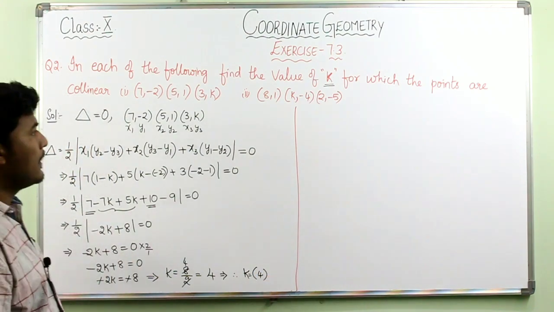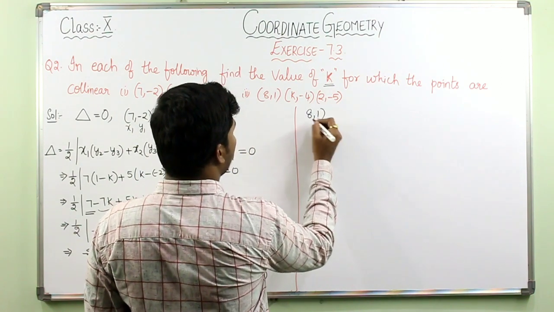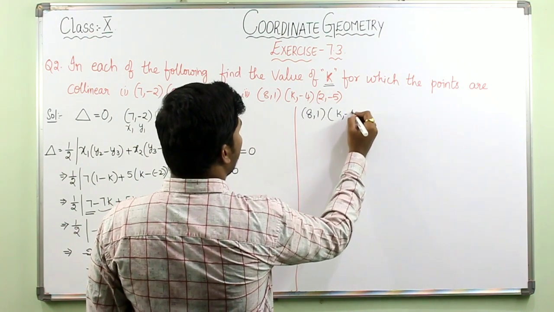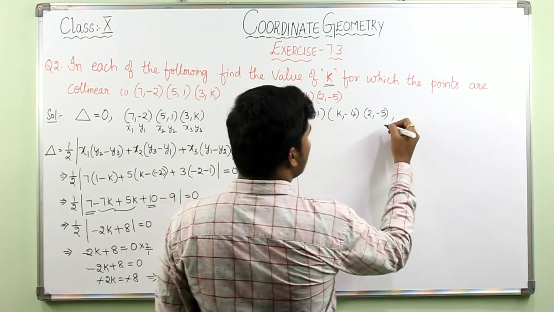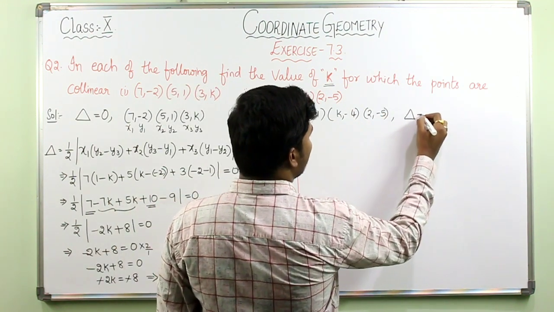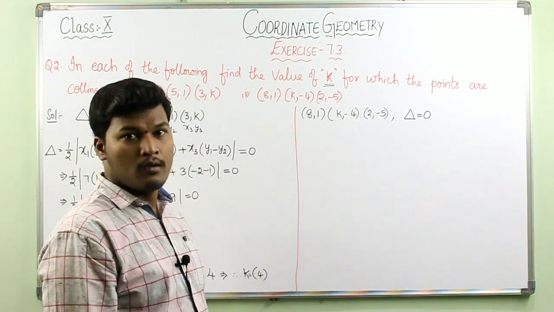Now let us see one more problem on this. The given points are 8 comma 1, k comma minus 4 and 2 comma minus 5, and it is given that they are collinear. That's why the area of the triangle is equal to 0.